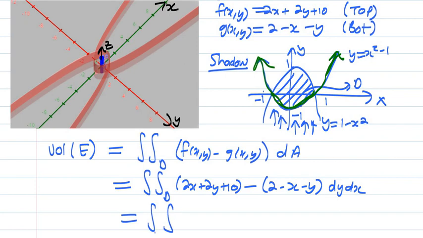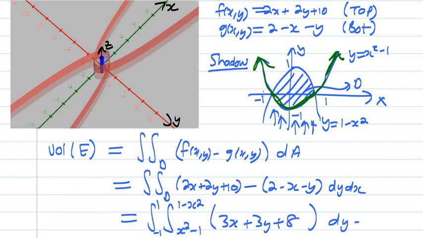The smallest x value is minus 1. The largest x value is 1. And where does y start? It starts on the green parabola, which is when y equals x squared minus 1. And it ends on the blue parabola, which is when y equals 1 minus x squared. If you simplify the integrand, you get 3x plus 3y plus 8, and the order is dy dx. And that is the answer to part A.